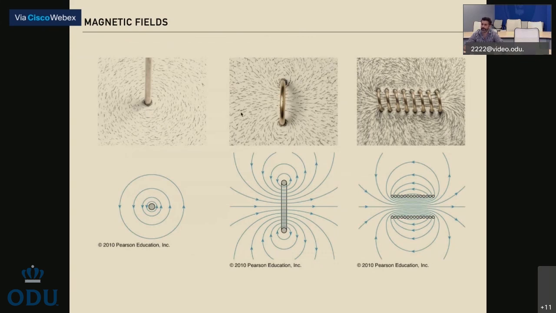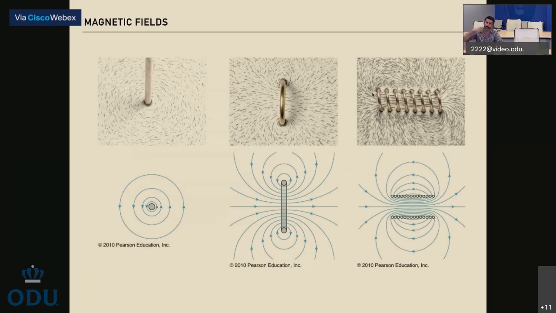If you then have not just one loop but many loops connected one with the other, you see that this picture gets a little stronger, so it starts to look even more like a bar magnet. Okay, and so this is a way for you to generate a magnetic field just using current.